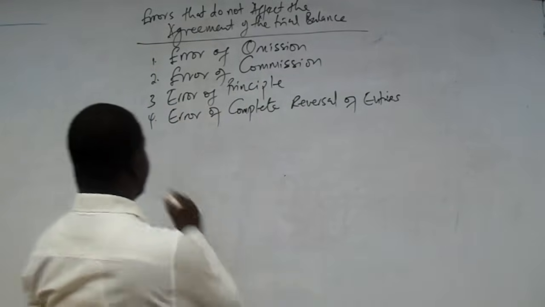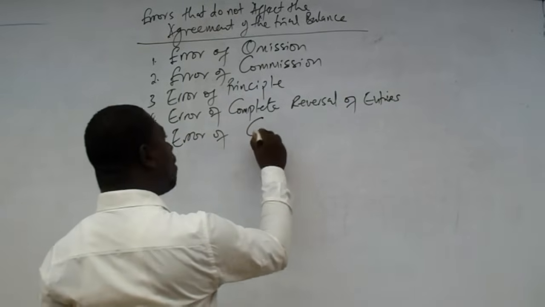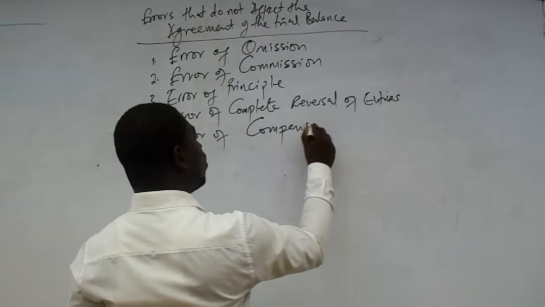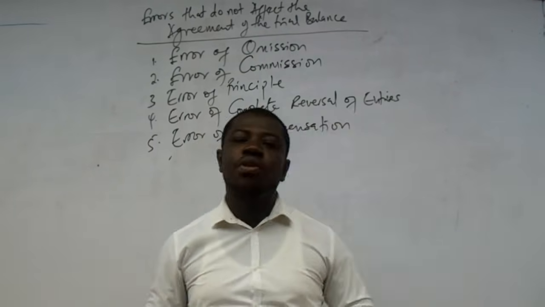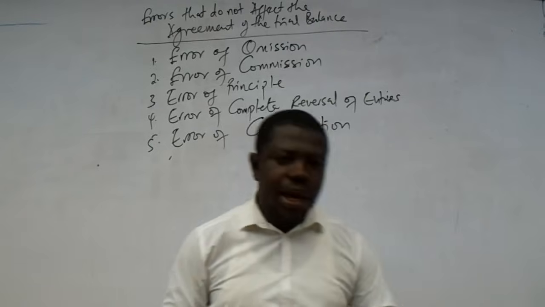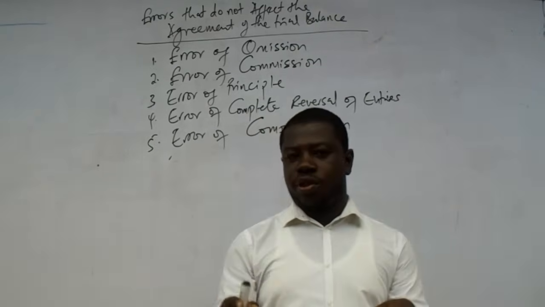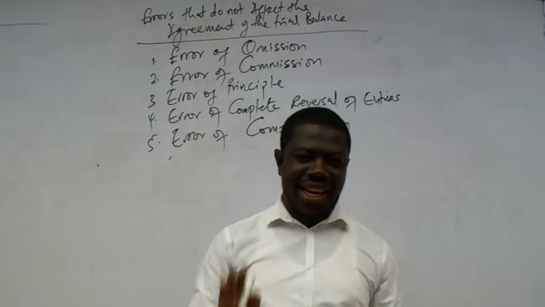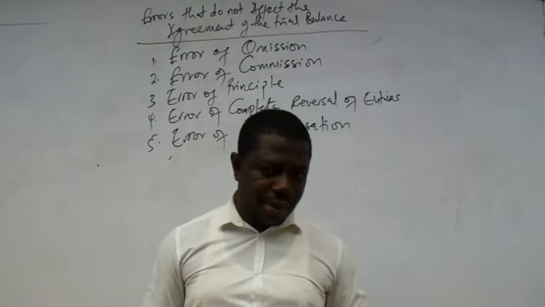Alright. The next error is the error of compensation. When we say you are compensating, what's the meaning? Error of compensation is when two or more errors cancel out each other so that they leave no effect on the agreement of the trial balance.